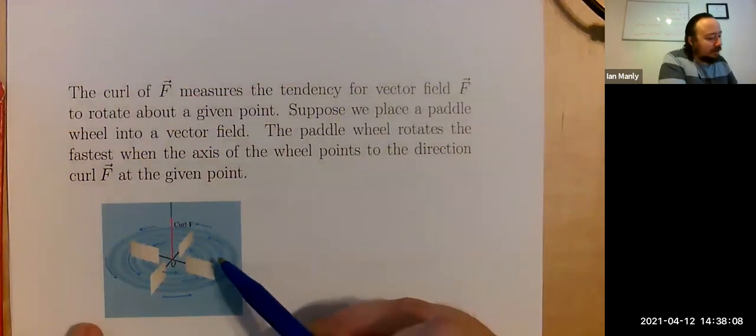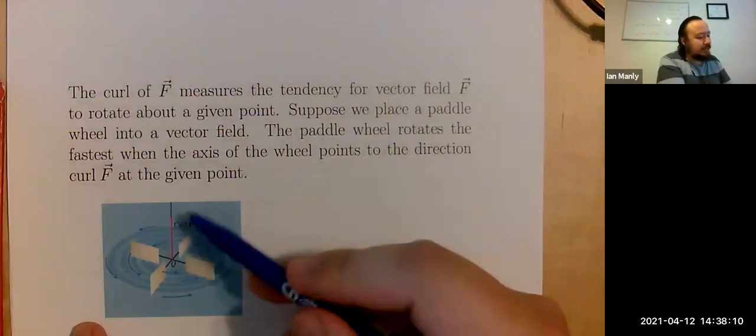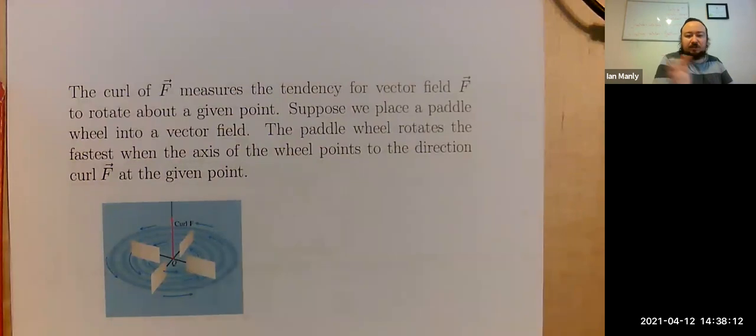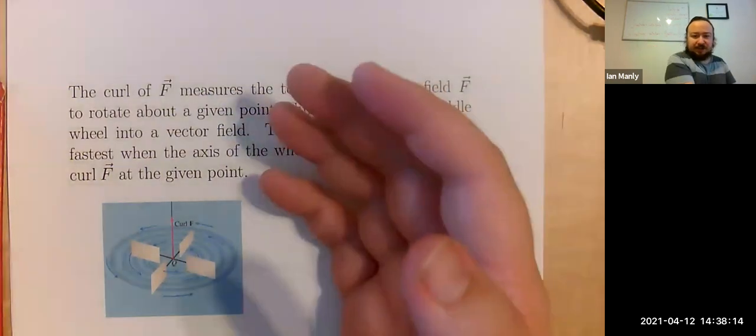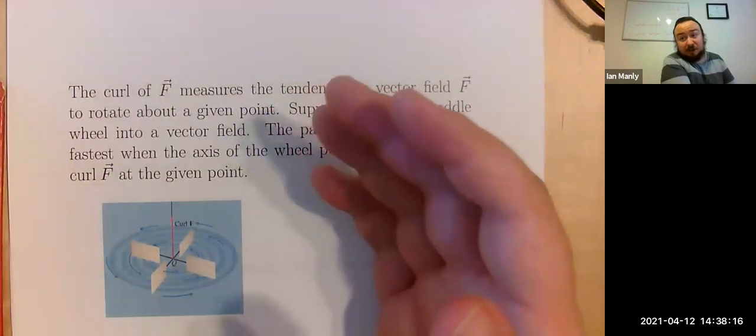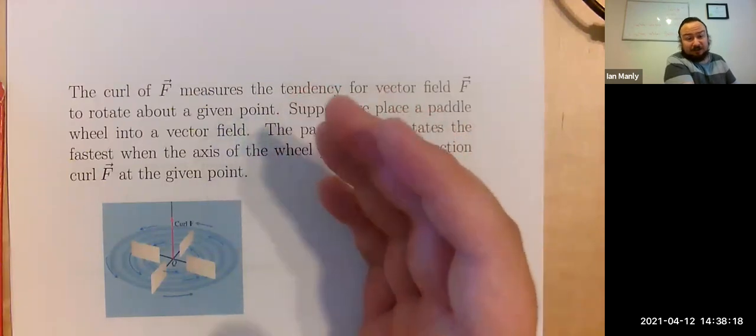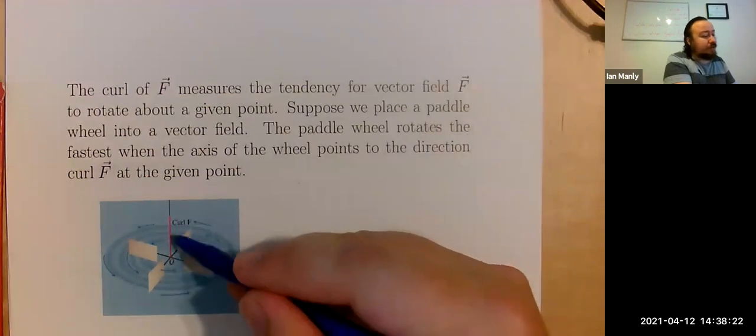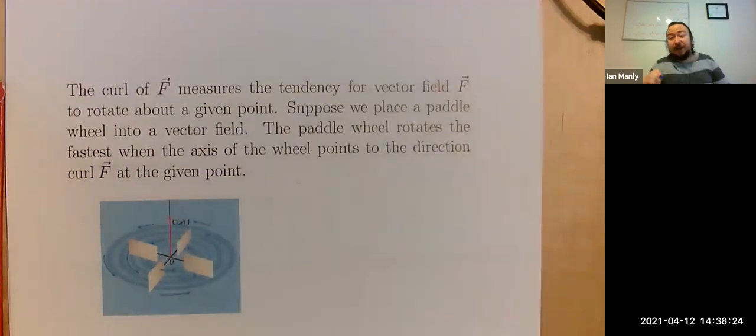Okay, so the curl of f, so notice how if we, let's take our fingers, right? So let's take our fingers and let's literally curl them in the direction of the vector field. So we do that, and then our thumb is pointing in the direction of the curl vector.